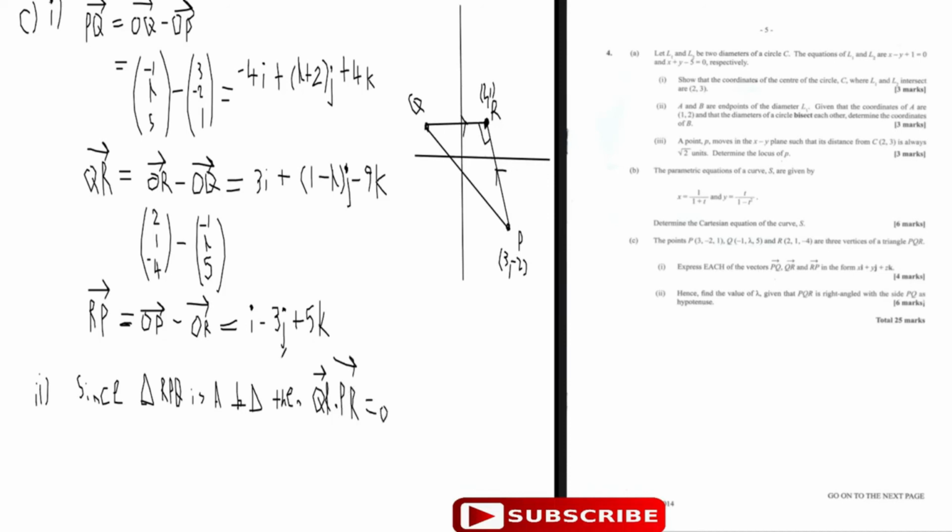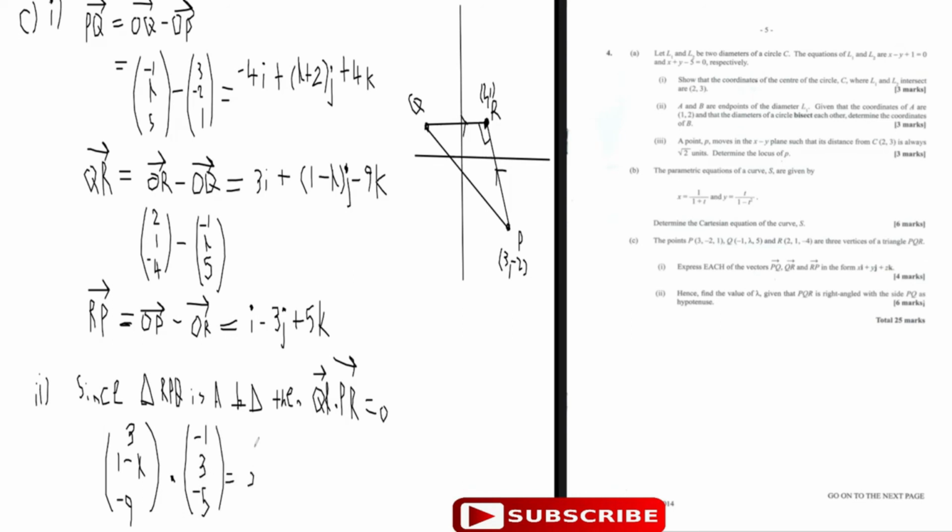So doing that now, QR is 3, 1 minus lambda, minus 9, that's QR, dot RP. RP would just be in the opposite direction to this, so this would just be minus 1, positive 3, minus 5, and that's equal to 0.